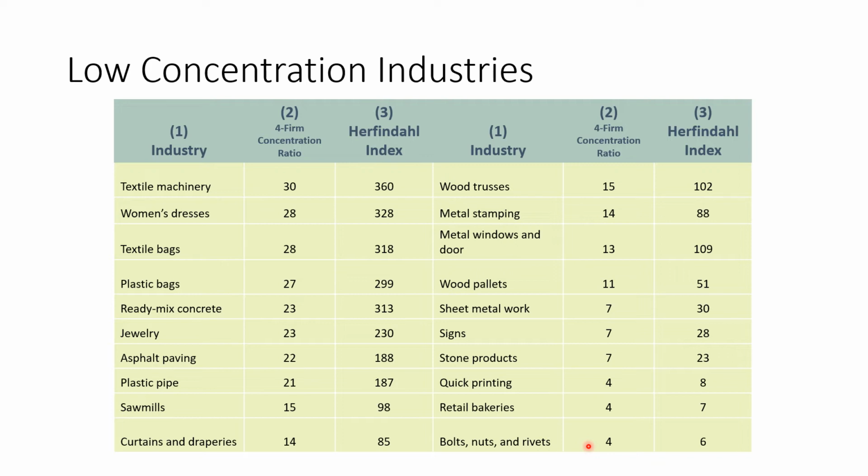That means you have enormous numbers of suppliers producing these. These would count as base materials. Retail bakeries, quick printing like Kinko's, stone products, these are very low concentration, highly competitive.